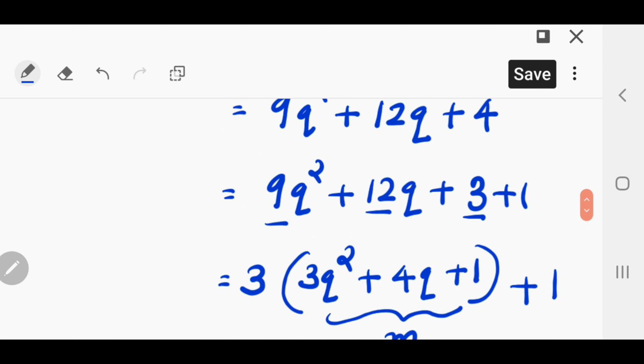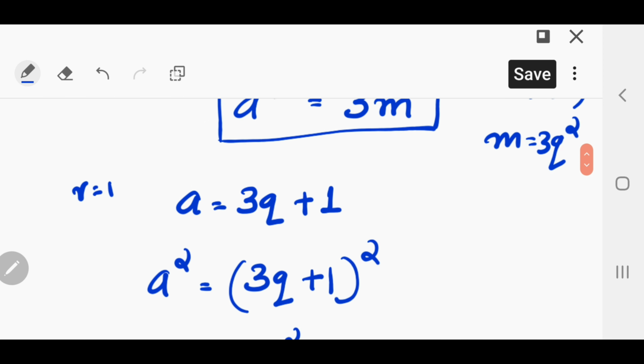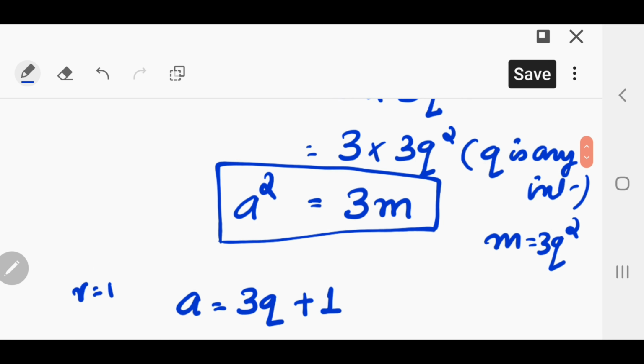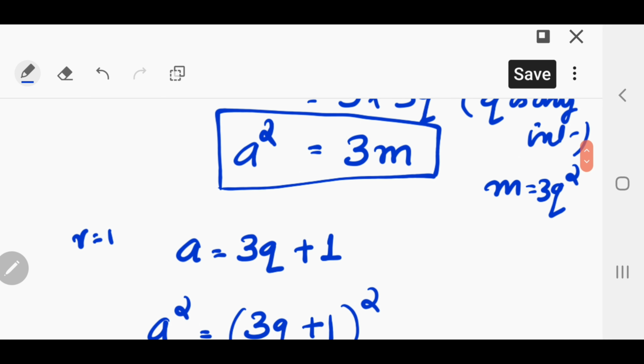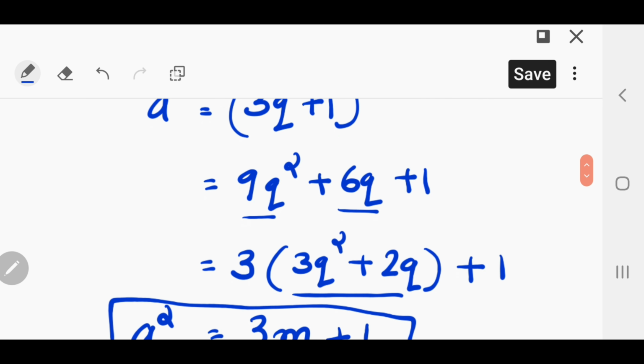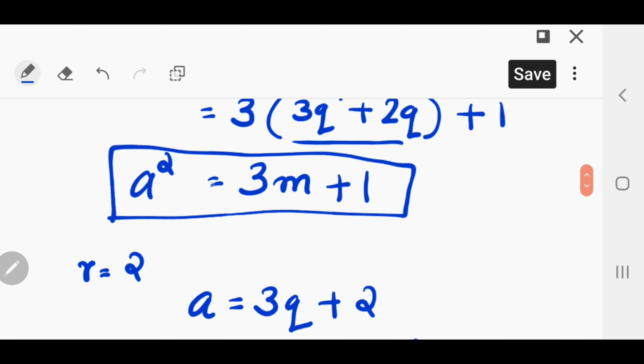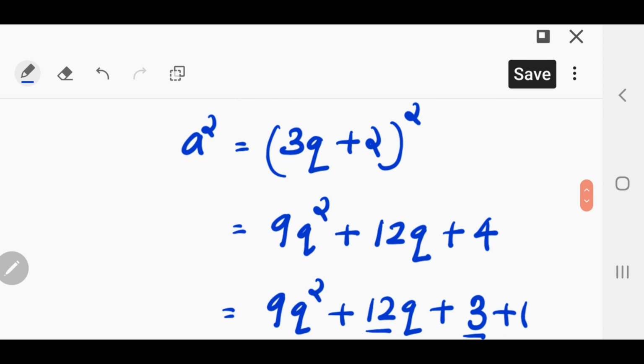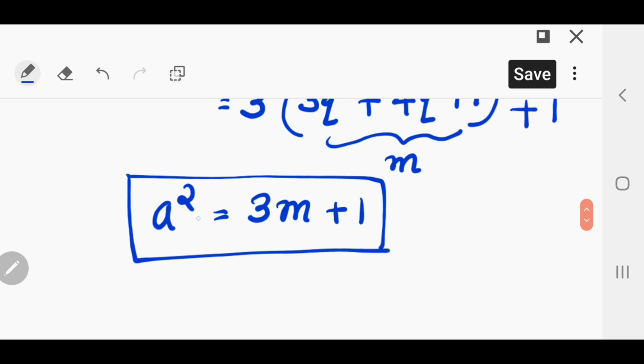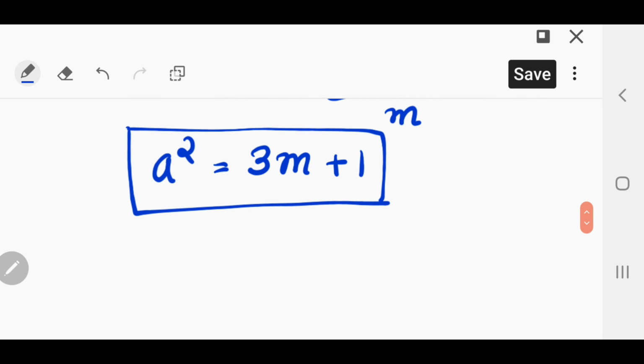So what we got in the first step, we got a square as 3m, where m is any integer. And in the second step, we got a square is equal to 3m plus 1, where m is any integer. Now in the third step, we got a square is equal to 3m plus 1, where m is any integer.